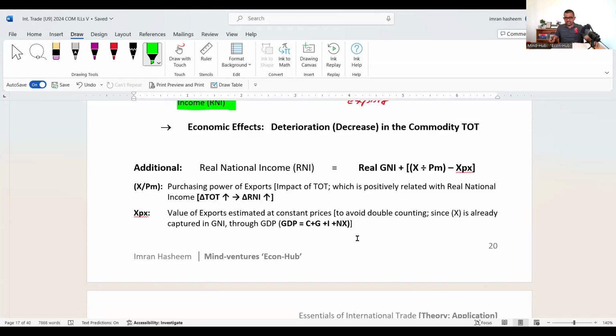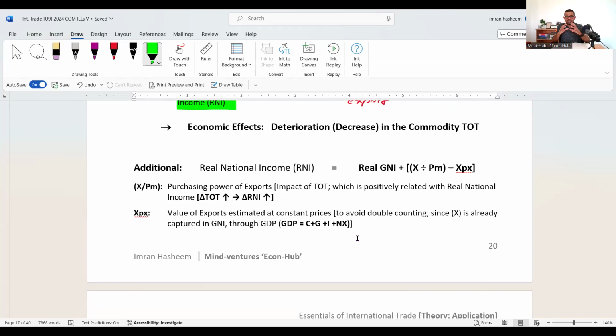Real national income is a simple concept that talks about what a country can produce by itself within the country, that is basically the GDP, and then the primary incomes it can earn, net NPI from the rest of the world. So that is called real national income. Of course, the word real means it's adjusted for inflation, right? So now we have the real gross national income of a country.